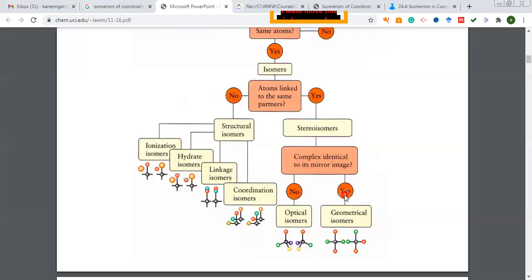If mirror images are superimposable, then we can say geometrical isomers. If mirror images are not superimposable, then we can say optical isomers. Whatever it may be, if the complex is identical to its mirror image, no means optical. If the complex is identical to its mirror image, geometrical isomers. Okay, so we will discuss stereoisomers in the next class.